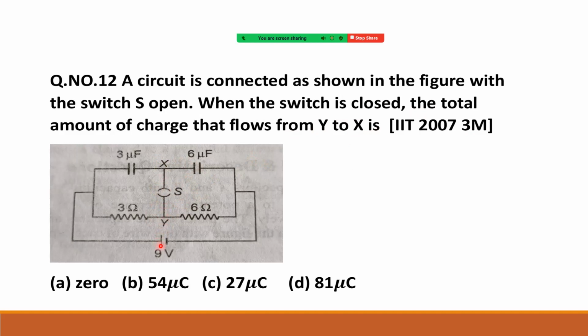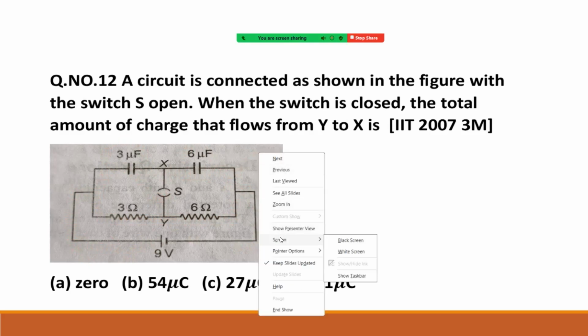Before closing, you can see current flows like this, because once the capacitors are fully charged, no current flows through them. So we are focusing on steady state, and current flows only like this. And after closing, see what happens.